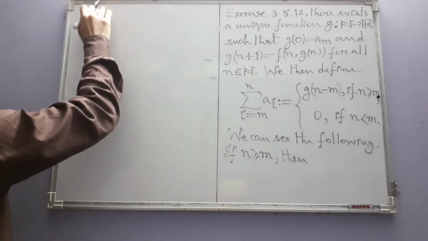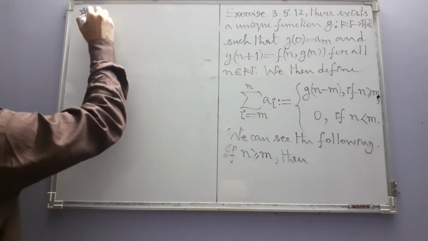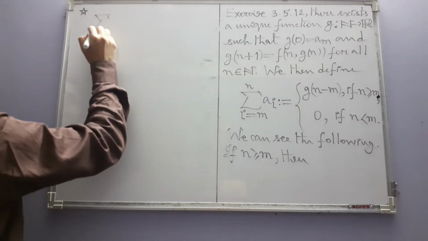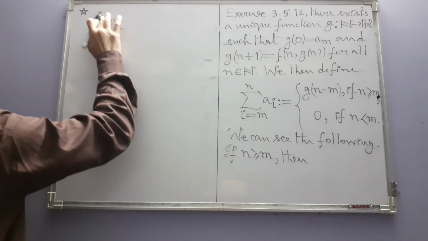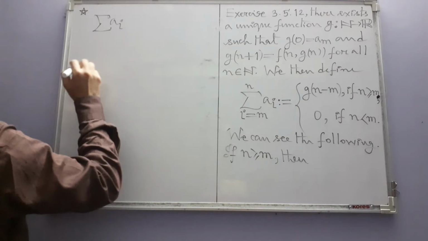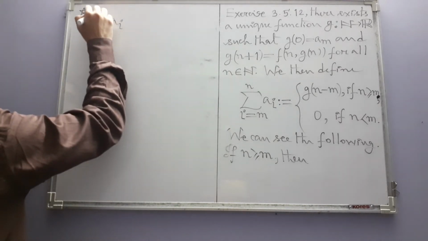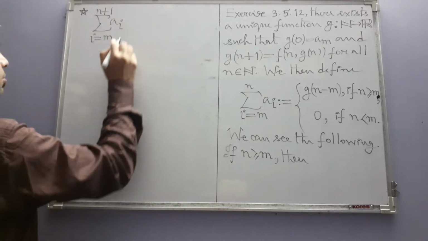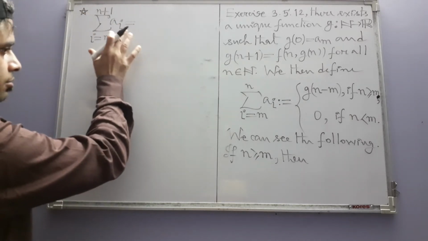Then the summation of a_i where i varies from m to n plus 1 is according to us what is this?